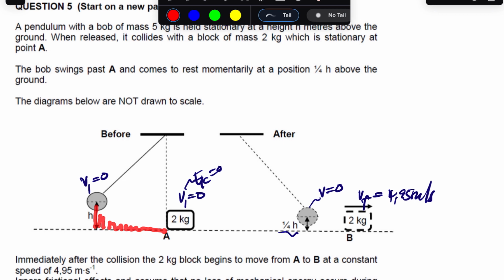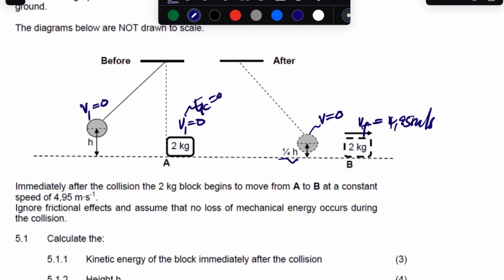There's a change in gravitational potential energy from that to that. When it's here, there's no height, it's zero. And this block has no kinetic energy when it's here. As soon as it collides with the bulb, it will gain the kinetic energy. So the energy that has been lost.